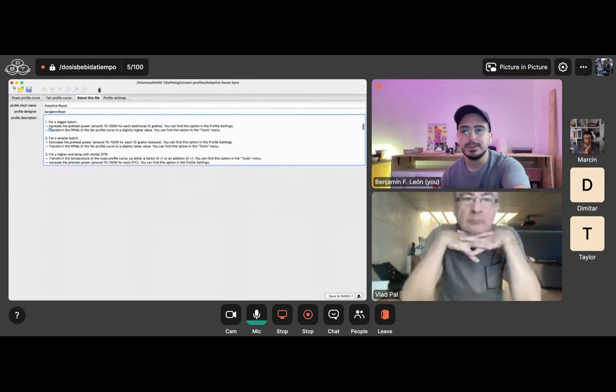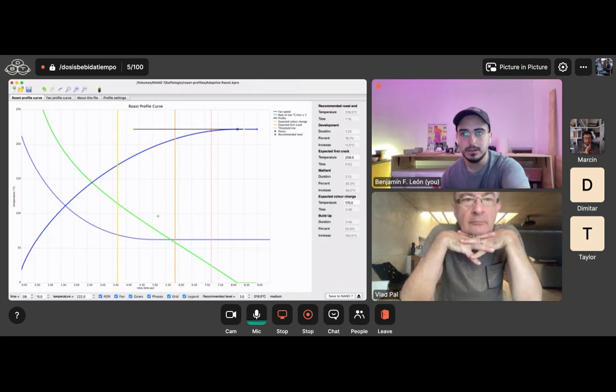As for the transformation of the RPMs, a couple of people asked me how that's done, and it's really easy. If you have a Windows laptop, just press Control T, or Command T on Mac, which is basically the Transform Profile tool on the toolbar.